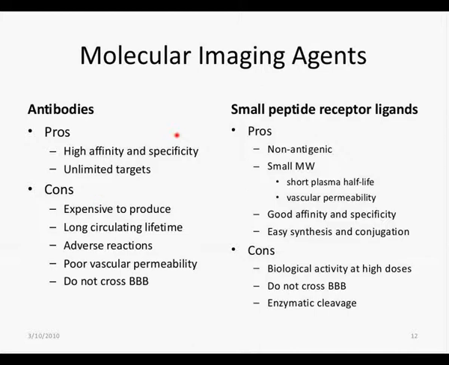Antibodies are very high affinity and provide high specificity and can be developed toward about any antigen, but they are generally more expensive, have a longer circulating time, and can have other adverse effects. The long circulating lifetime means that the background signal is going to be high, so the time of imaging is generally 2 to 3 days after injection.